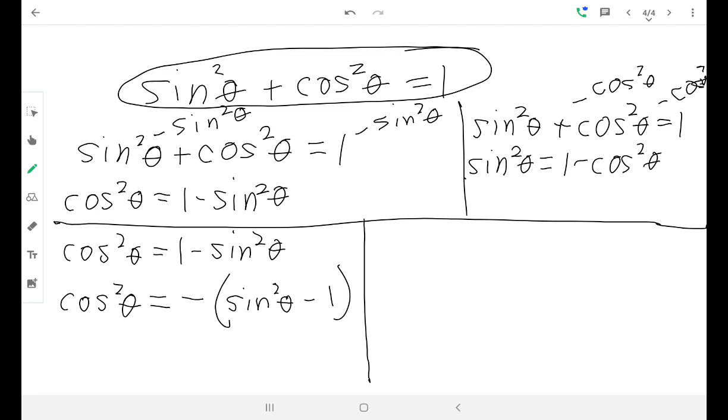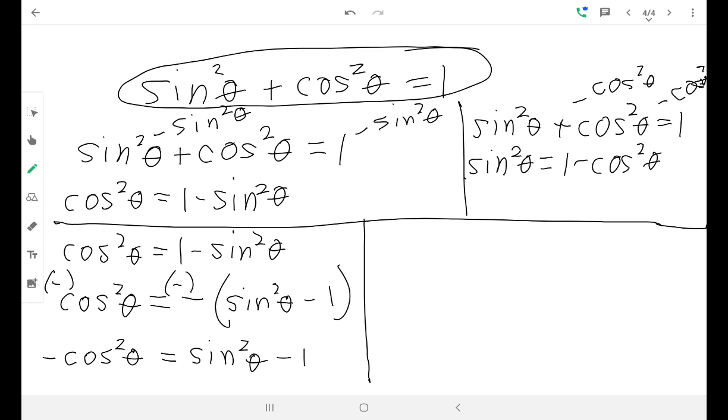If you do that, what you allow yourself to do is say, well, okay, if I multiplied both sides by a negative, then I could say that negative cosine squared theta is equal to this stuff inside the parentheses here, so it equals sine squared theta minus 1. Okay?